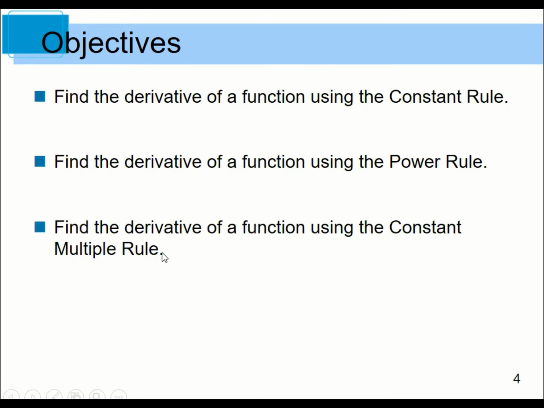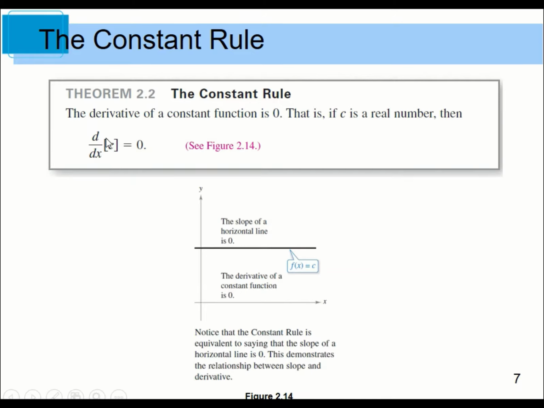The constant rule says that if we differentiate a constant, we always get 0. What does that mean? It means that the constant is the element in the function without the x. So you can see, no x here. If we have a function which is a constant only, it will be a horizontal line.